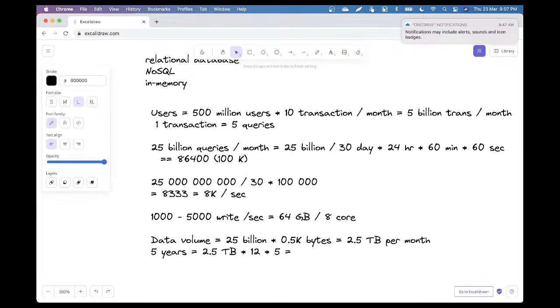So it is 2.5 into 60, roughly 125, or maybe 130 terabytes, roughly. It's about 150 terabytes. Can this be handled by a relational database?